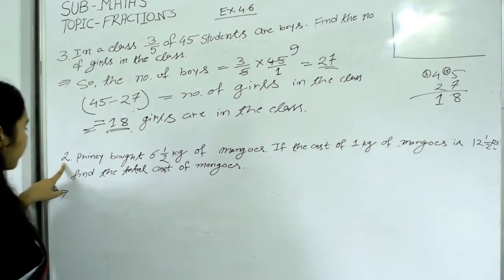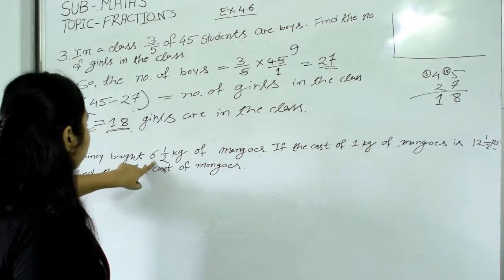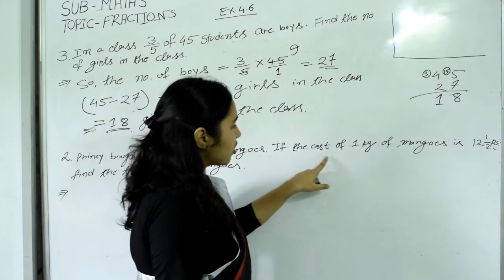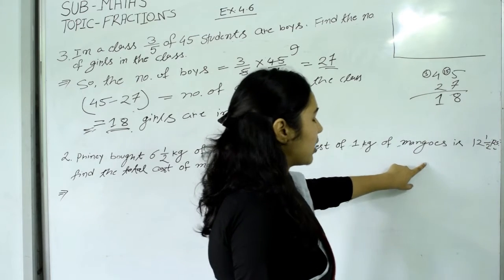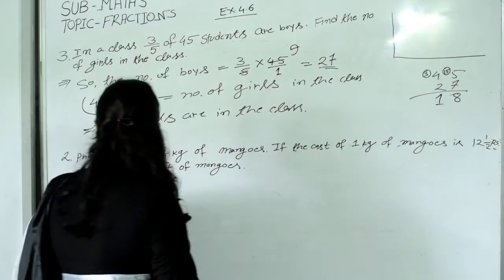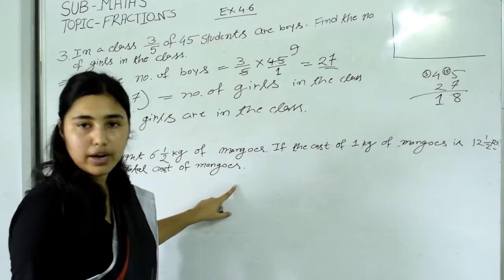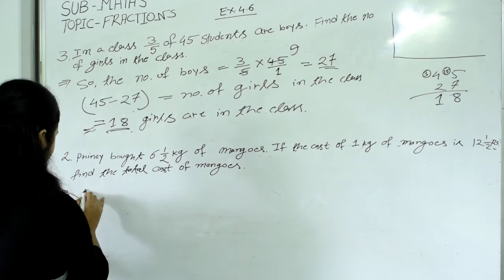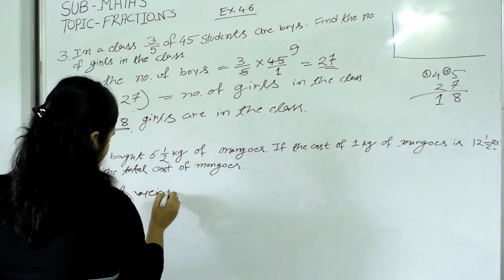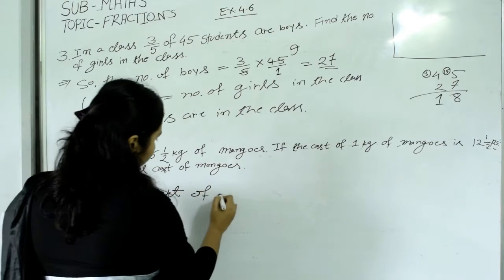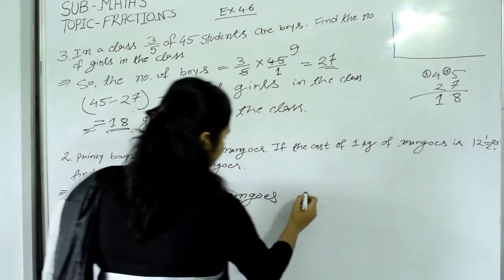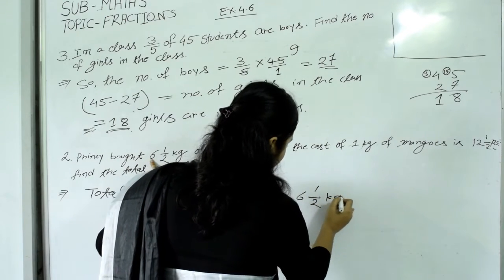Now next problem. Princess bought 6 and 1 by 2 kg of mangoes, and the cost of 1 kg of mangoes is 12 and 1 by 2 rupees. Okay? So find the total cost of mangoes. Here the weight of mangoes is 6.5 kg.